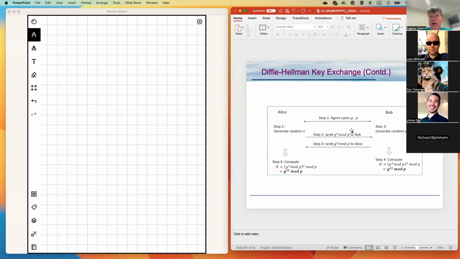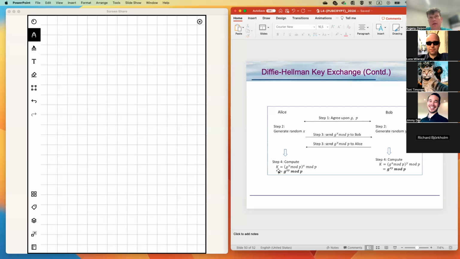He takes Alice's number and raises it to the power of y that he keeps locally. And mathematically the results of these operations will be equal. And this number will be used as the shared secret.